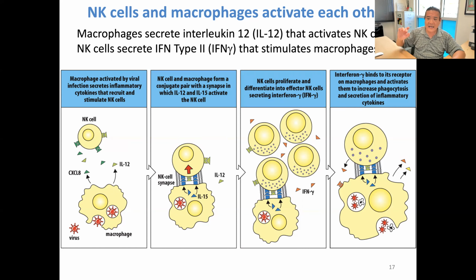At the same time, it's sort of a two-way communication here because the natural killer cell makes these orange triangles. These are the interferon gammas, right? And these are received by the macrophage as sort of encouragement that the macrophage really needs to ramp up, right?